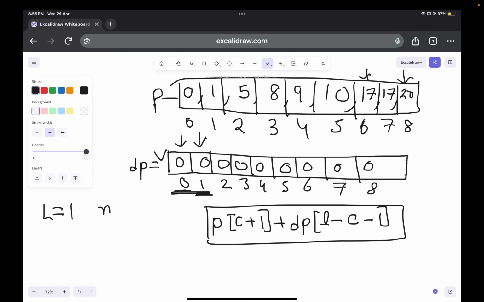My maximum is -1 right now. So if I am having length 1, can I cut it? Yes or no? How will I cut?